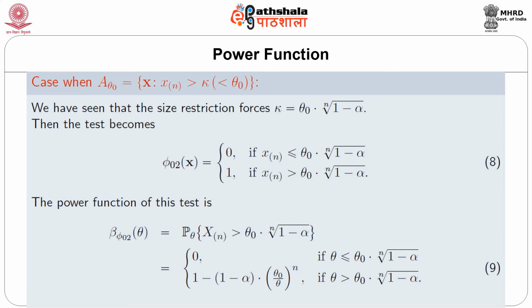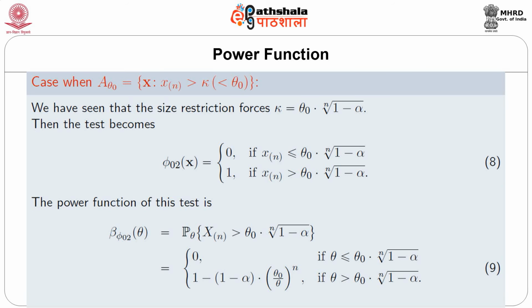So, the power function of this test is just 1 into probability x order n greater than theta naught times 1 minus alpha to the power 1 by n. If theta is less than or equal to theta naught times 1 minus alpha to the power 1 by n, it is 0, because here theta naught times 1 minus alpha to the power 1 by n plays the role of b.